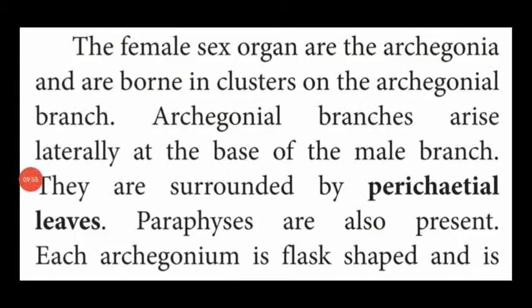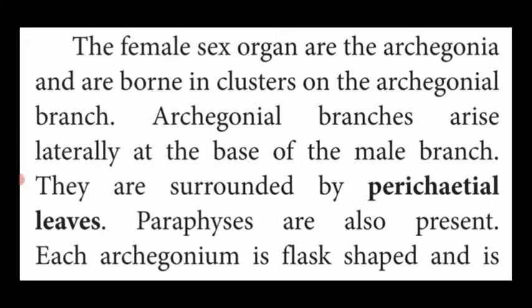Dear students, next, the female sex organs are known as archegonia, which are produced on a group or cluster of archegonial branches. These archegonial branches are produced laterally, at the base of the male branch. Dear students, underline the word.